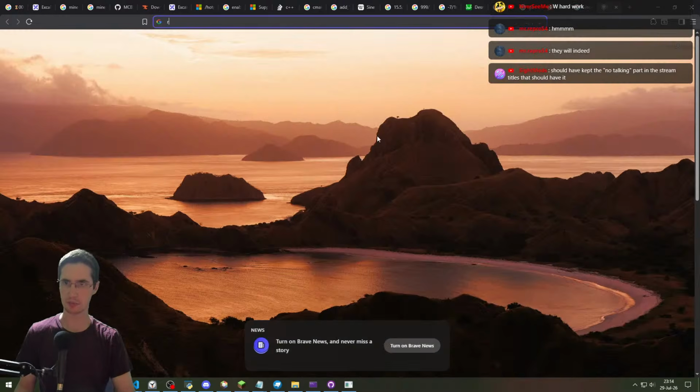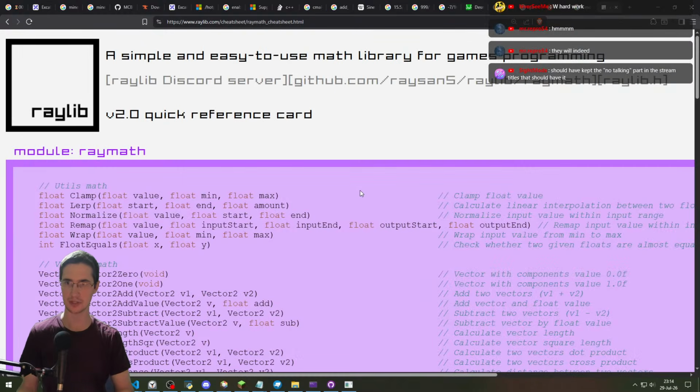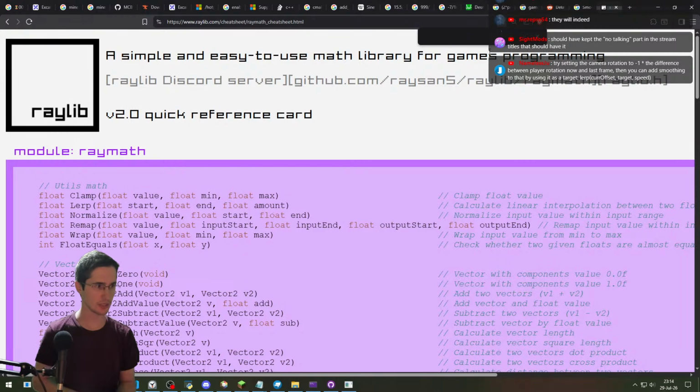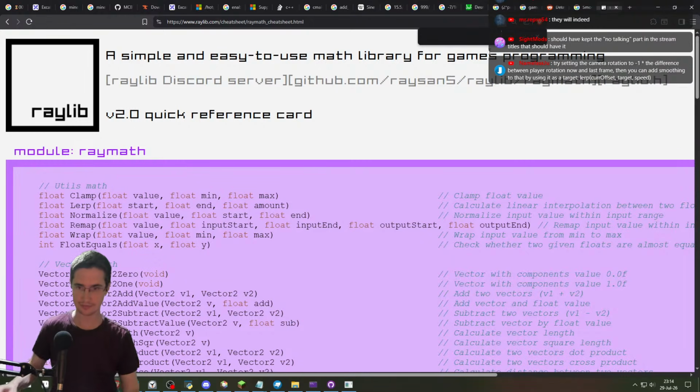Oh, let's look at Raylib. Raymath cheat sheet. Let's look at Raymath. Do they have damp? They have lerp. They don't have damp. Try setting camera rotation to -1, the difference between player rotation now and last frame. Then you can add smoothing to that. Wait.